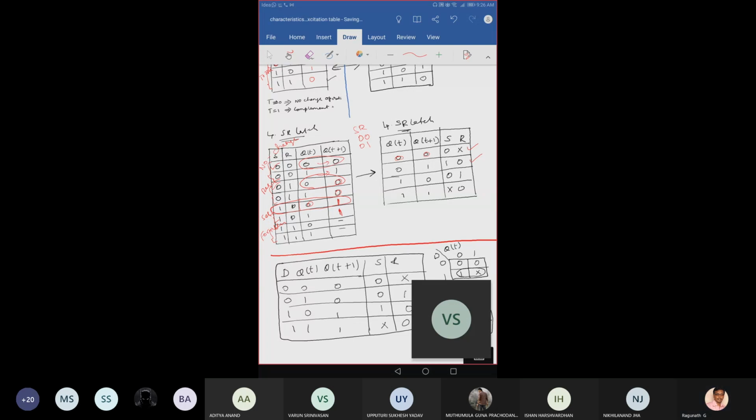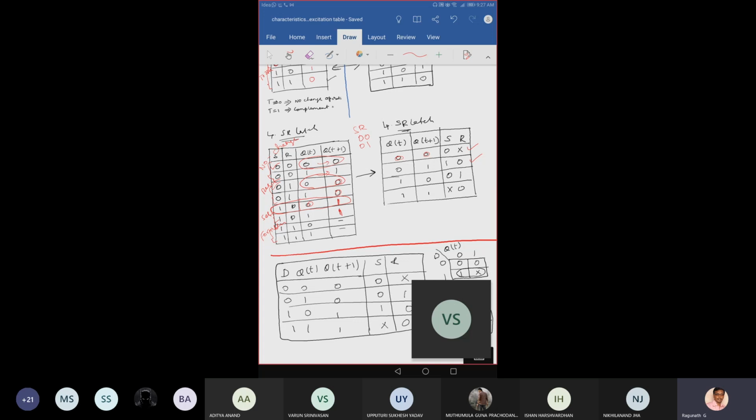I showed two circuits, first the NOR gate, then the NAND gate. Both perform the same. Then I told you if I want the actual truth table, you have to give S bar and R bar, and for that I showed the actual circuit of the NAND based.